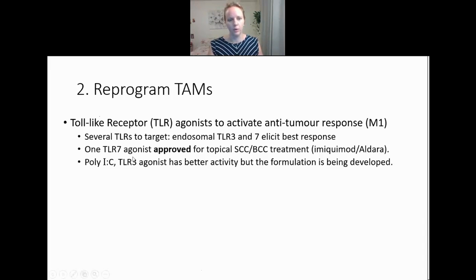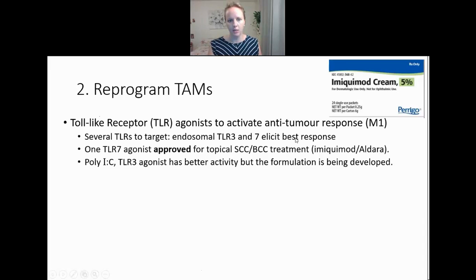However, there is one approved. As I said, it is a TLR7 agonist, and it's for topical treatment only, for squamous cell carcinoma and basal cell carcinoma.